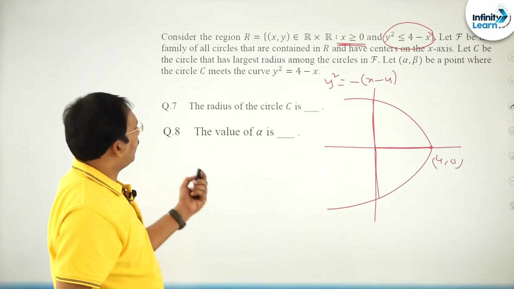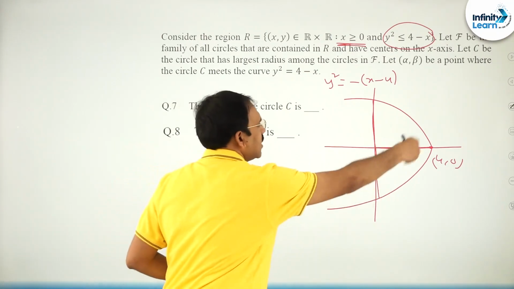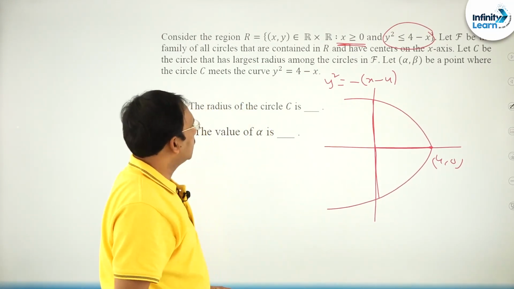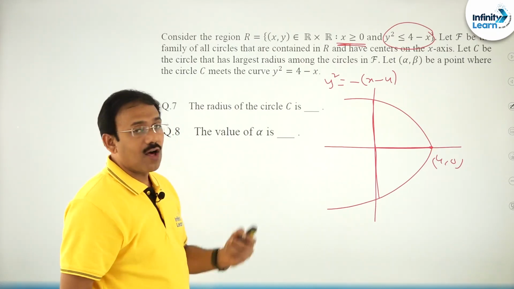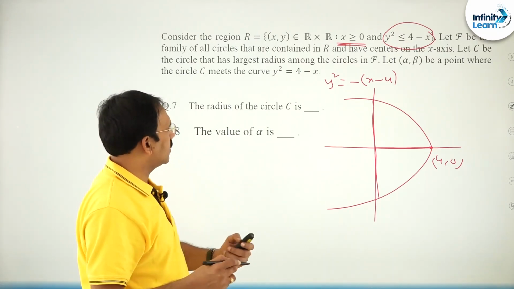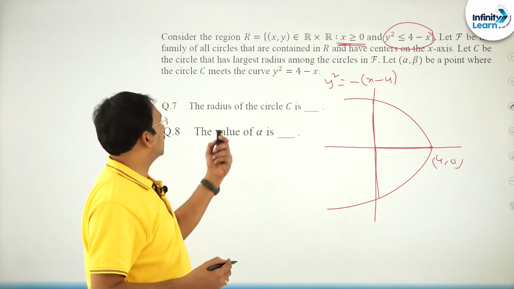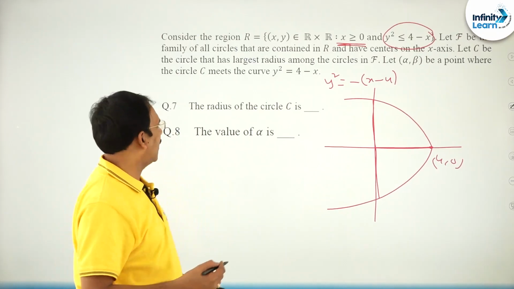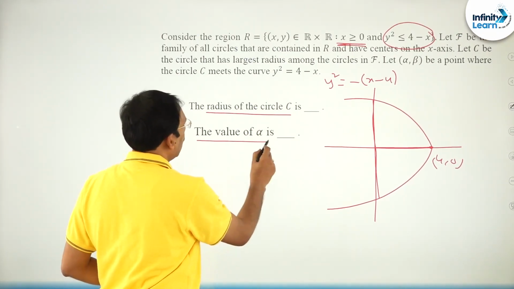Now, let F be the family of circles that are contained in R. In this region you can draw many circles with centers on the x axis. Let C be the circle that has the largest radius among all the circles in F. Let alpha beta be the point where the circle C meets this particular parabola. Then he is asking the radius of that circle, the value of alpha.